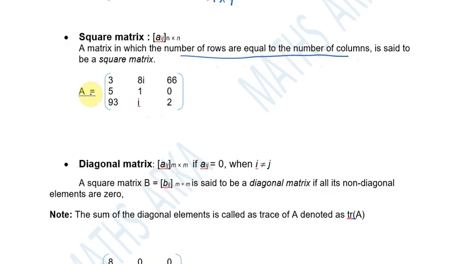For example, in this case we have 3 rows and 3 columns. So the order is 3 cross 3, and since the number of rows and columns are equal, it is a square matrix. Just note that we have taken a few complex numbers over here as well. The imaginary part of the complex number, this i, is equal to the square root of minus 1.